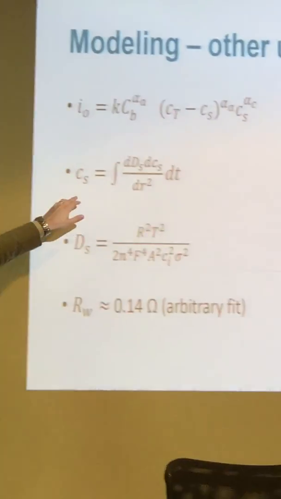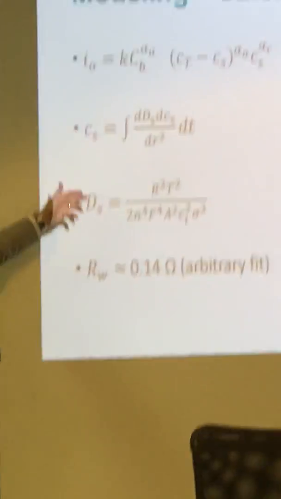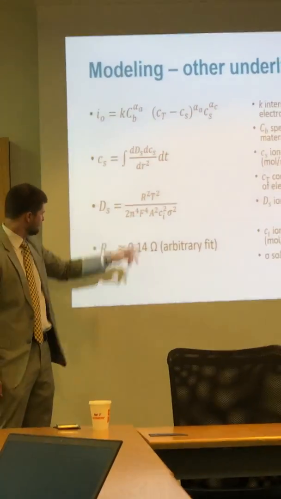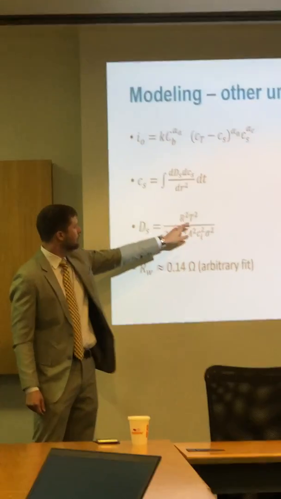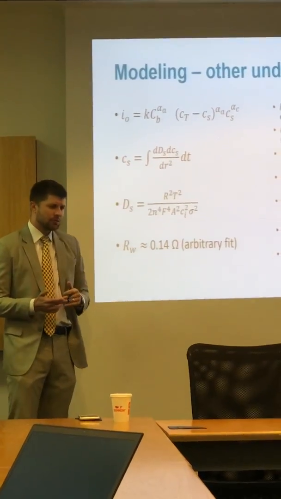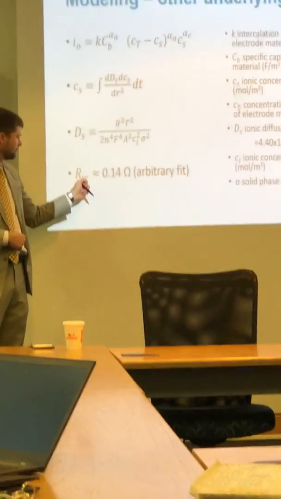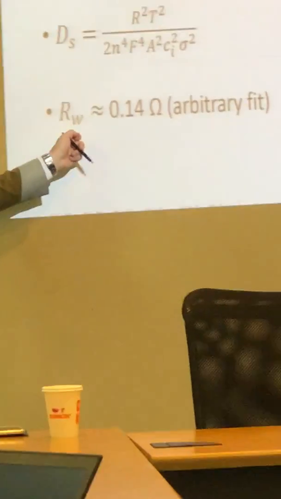So that's my exchange current. And how do I compute the ionic concentration that's been intercalated? Use this derivation of Fick's law as a function of the diffusion coefficient, which is a function of the cell's temperature.